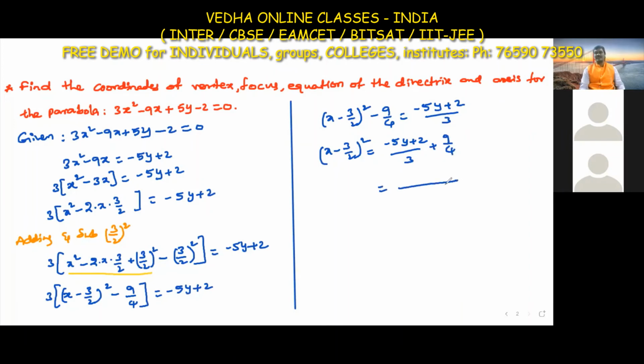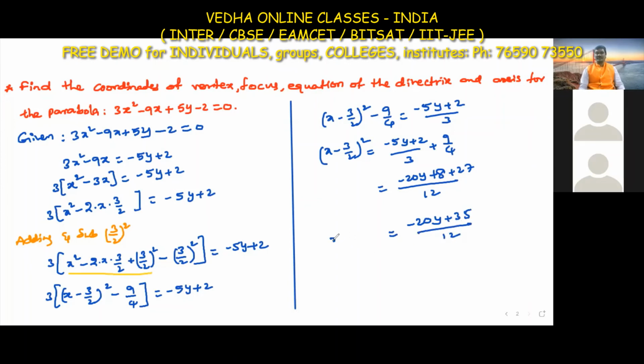What is the LCM here? LCM is 12. Multiply: minus 4 into 5 is minus 20y, plus 4 into 2 is 8, and multiply by 3: 3 nines are 27. This is equal to minus 20y, and 27 plus 8 is 35, whole divided by 12.